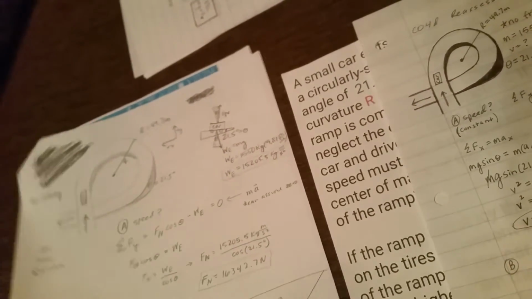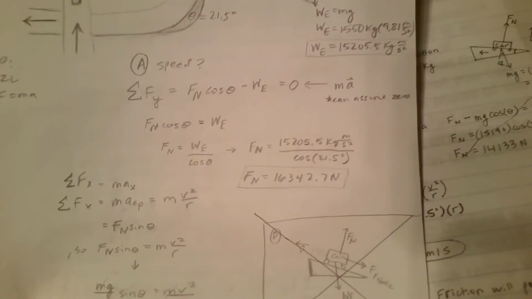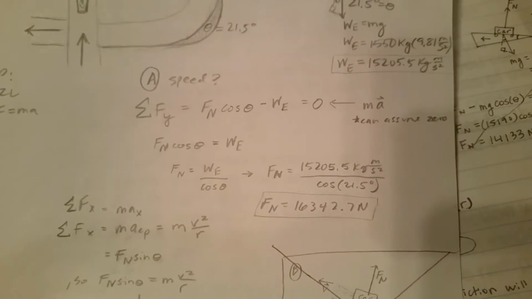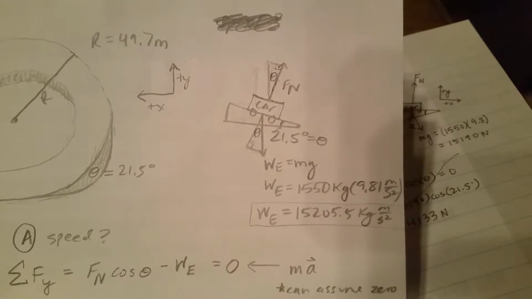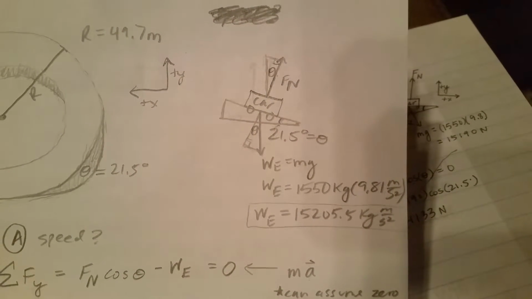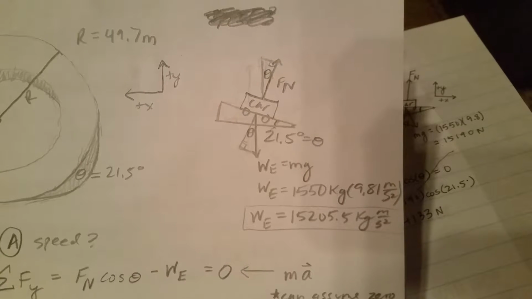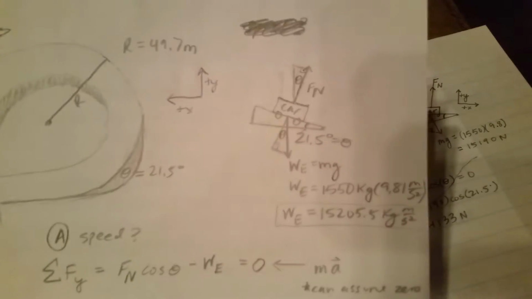The other way I did it was harder to set up, but it gave me the same answer. I did the sum of the forces in the y direction first, because this free body diagram had both the weight and the force normal having components, since the coordinate system was just straight up and down.